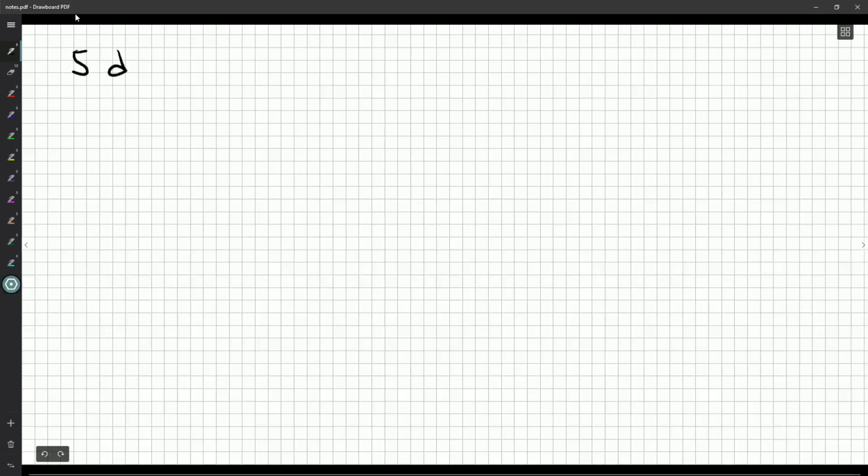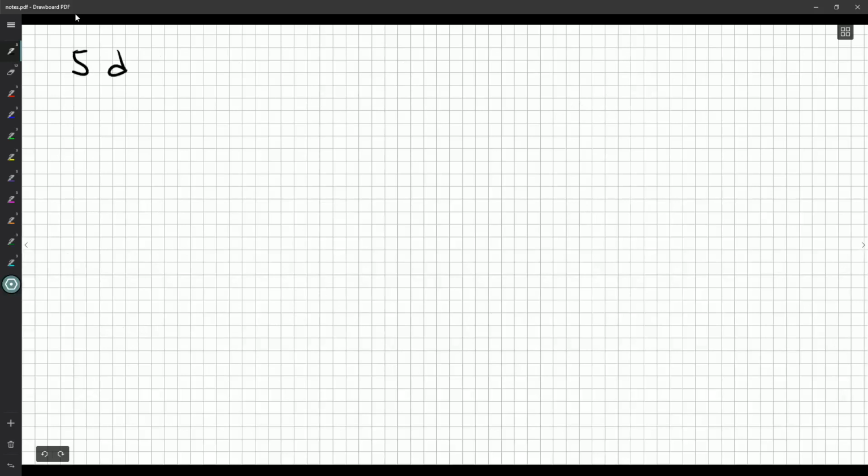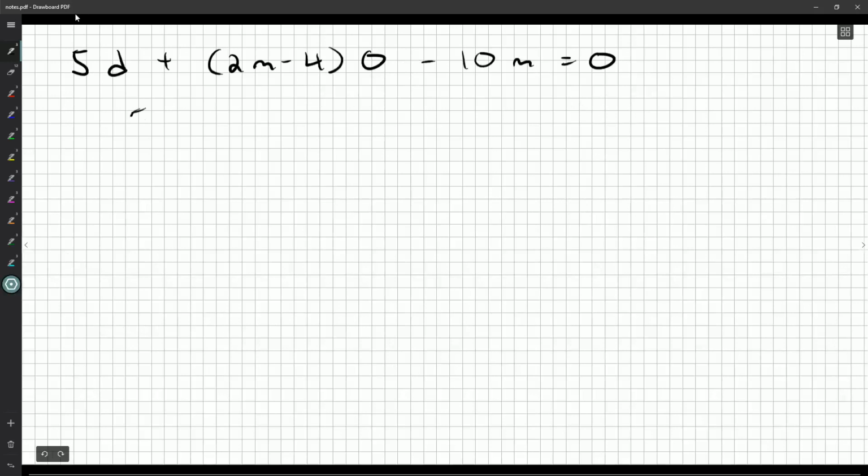Okay, that's the idea. I'm going to use D first, so that I can ignore the x there. So 5d plus 2m minus 4 times 0 minus 10m is equal to 0. So 5d is equal to 10m.